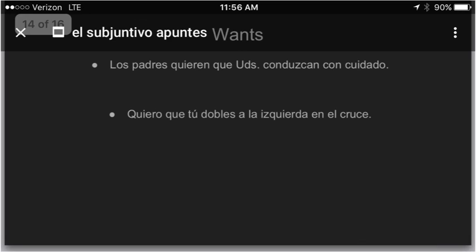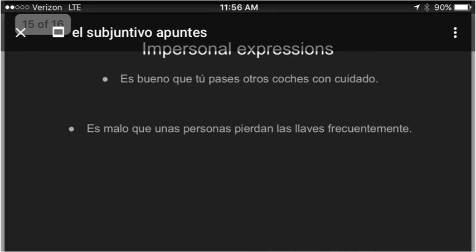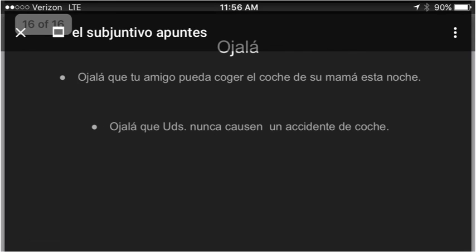What I want you to do is for each bullet point, write down the sentences that are on página 6 for wants, on página 6 for impersonal expressions, and on página 7 for ojalá.